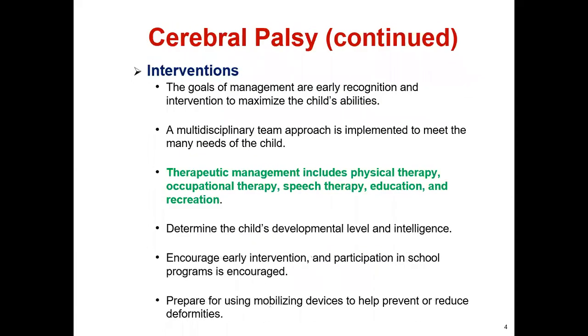What next? Determine the child's development level and intelligence, meaning IQ, encourage early intervention, and participation in the school program is encouraged. Provide mobilizing devices to help prevent or reduce deformities.